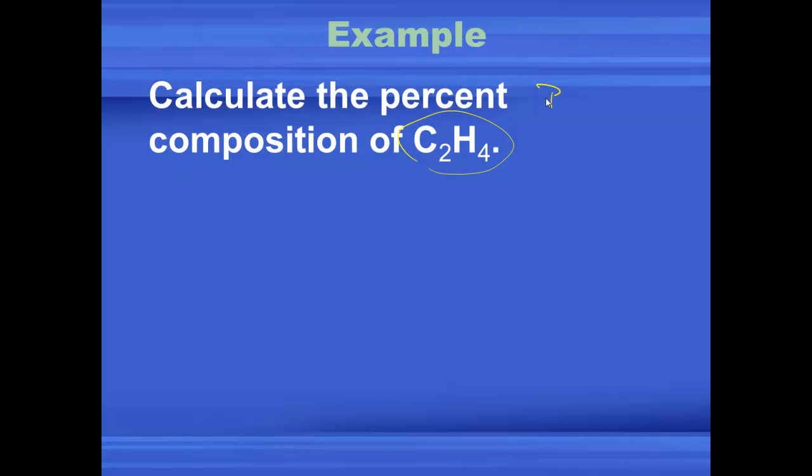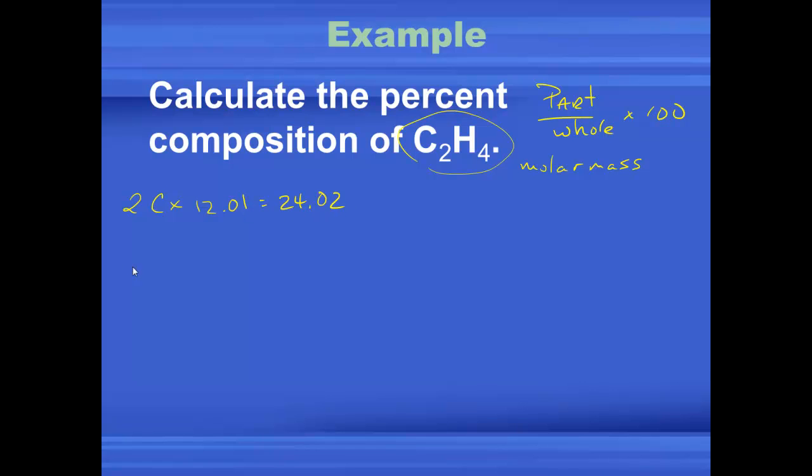So if I'm looking to do part over whole times 100, okay, then I need to figure out what my whole thing is. Well, my whole thing in this case is the molar mass. So I want to get the molar mass of C2H4. So I have 2 carbons, and carbon off the periodic table is 12.01.